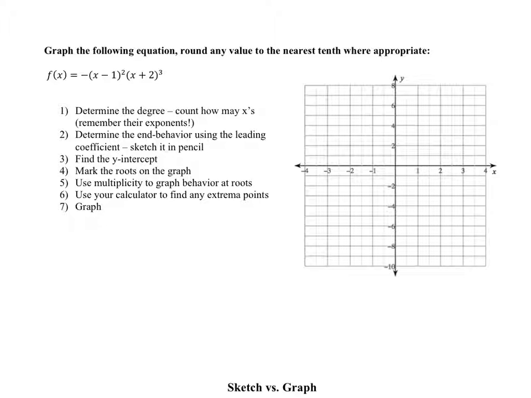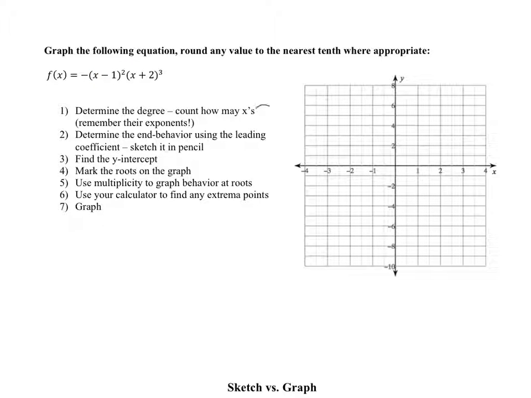All right, trying this one: if I give you an equation, can you sketch the graph? First, determine the degree. How many roots are there? Here there are 2 x's because the exponent is 2, and there's 3 here.